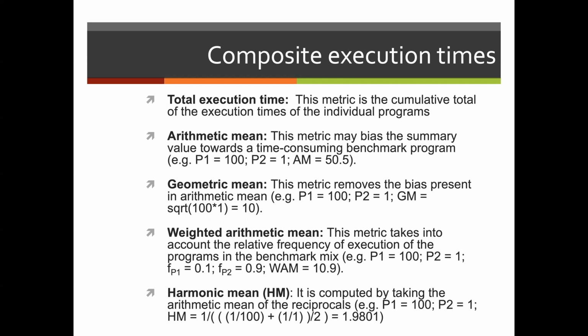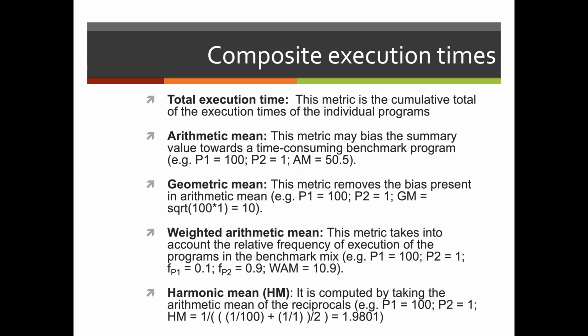We can use a weighted arithmetic mean, and the weighted arithmetic mean is going to take into account the relative frequency of the execution of programs in a benchmark mix. And so essentially that's going to represent a weighted average of the execution time for all of the individual programs being executed.